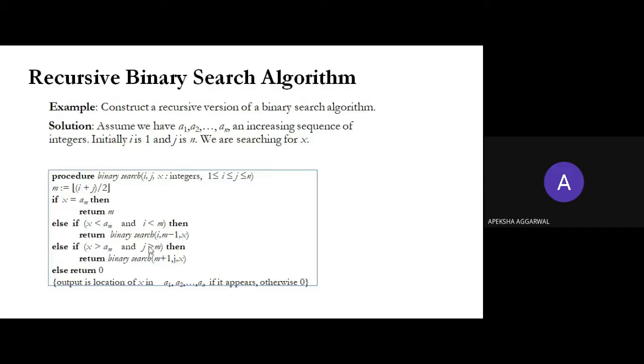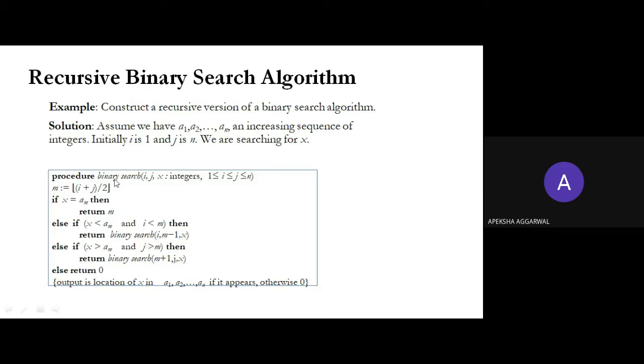If I was not, and the number was less than the third number, I will reduce my j to m minus 1. And if the number I was searching for was greater than m, I would increase my i to m plus 1, and j would be the last number, so that would be 4 and 5. Clear? This algorithm is clear, and I keep on recursively reducing this array.